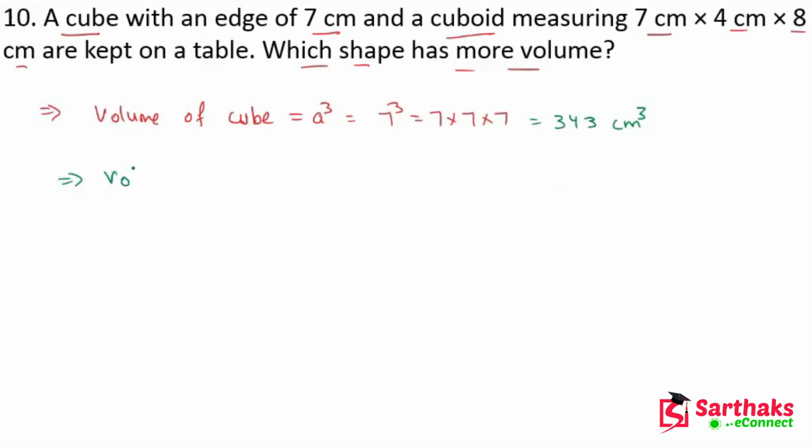Volume of cuboid is equals to L into B into H. So 7 into 4 into 8. After solving this, here we get 224 centimeter cube. Okay. So we can say that the cube has more volume as compared to cuboid.